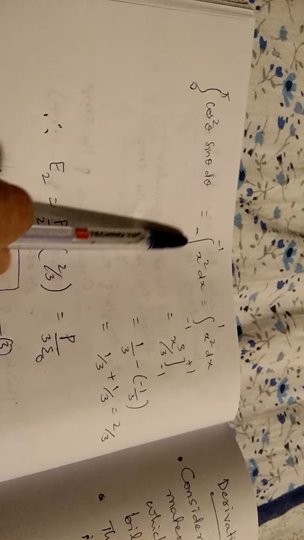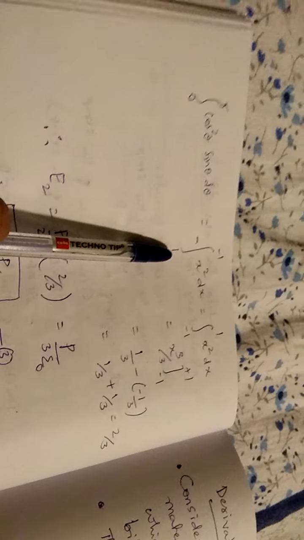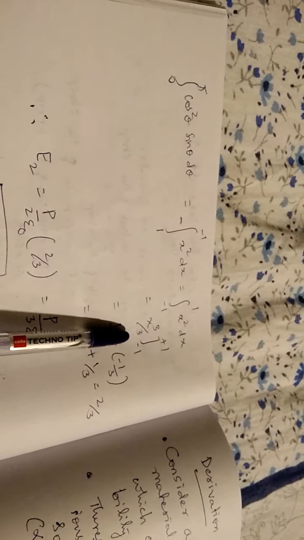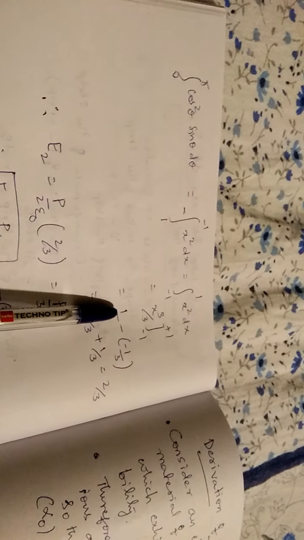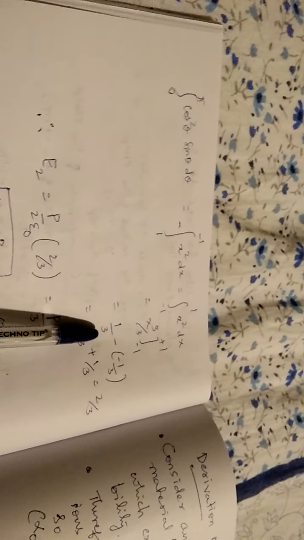So the negative sign you take outside, 1 to minus 1 becomes here. So you can interchange these limits, minus 1 to 1. So this minus disappears. So x² dx. So the integration is x³ by 3, between the limits plus 1 and minus 1. So substitute plus 1 here, that becomes 1³, 1 by 3.